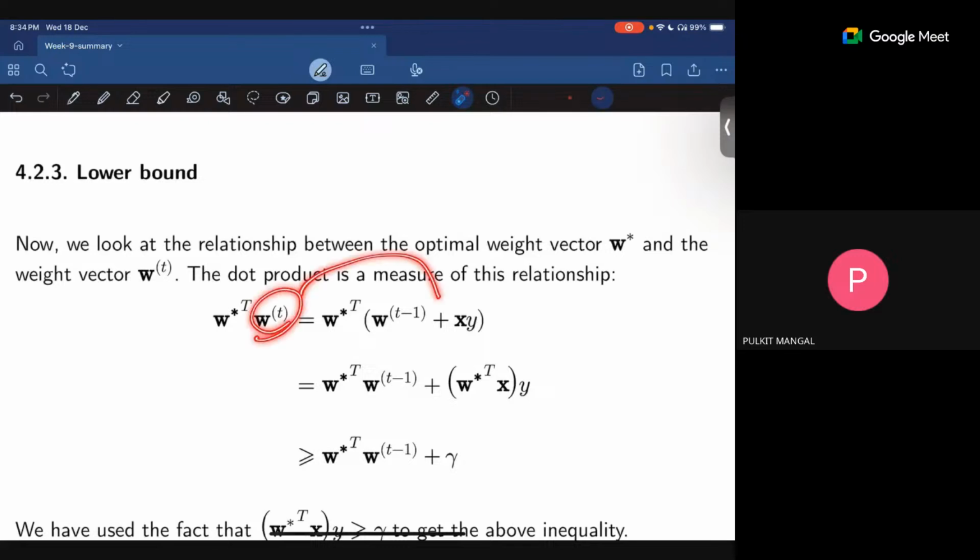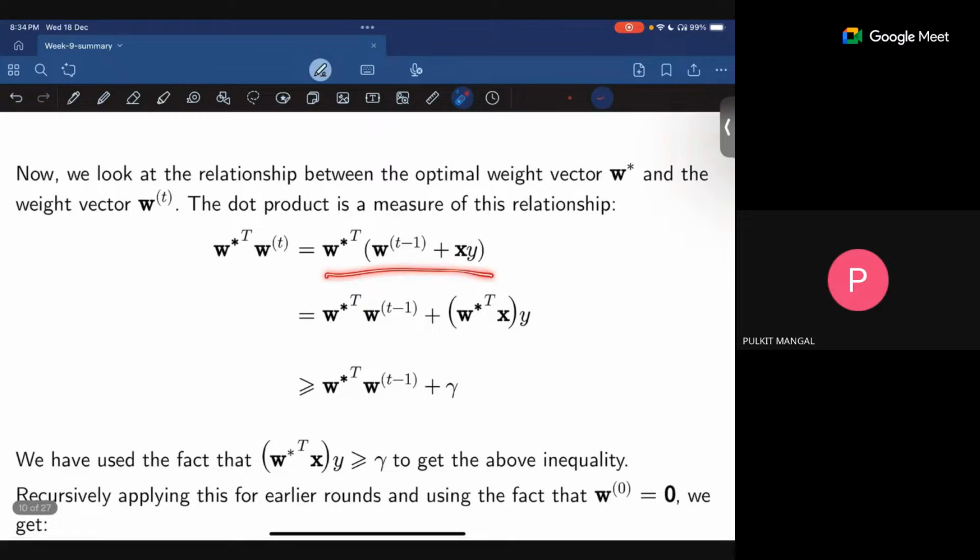And again, we can write this weight vector as Wt minus 1 plus XY. The above term simplifies as W star transpose Wt minus 1 plus W star transpose XY.